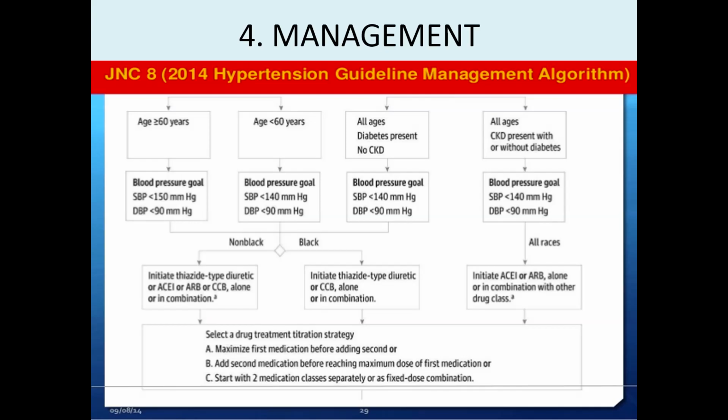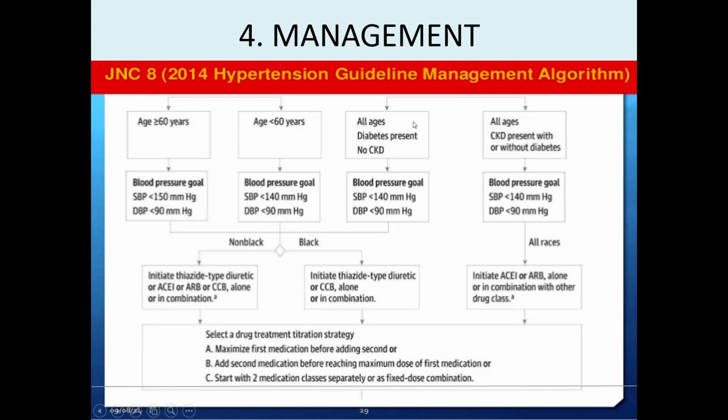Now let's come towards the management. So according to JNC 8 guidelines published in 2014, we divide patients in two groups basically, that is age more than 60 or age less than 60, but with two exceptions. One, if patient is diabetic or if patient has CKD, you will not consider the age.